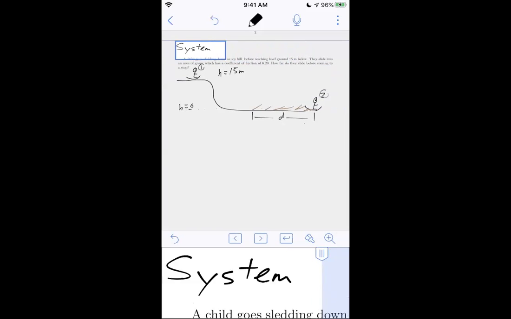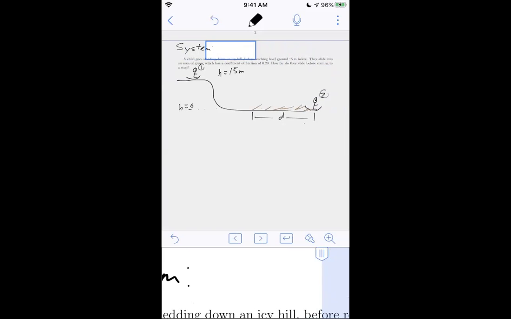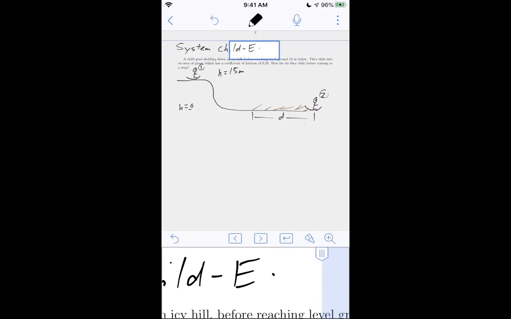But I'll take my system to be the child and Earth system here. So that means that I'm going to use a potential energy due to gravity in my calculation.